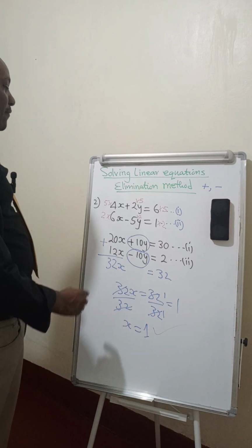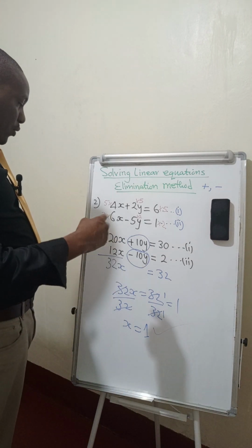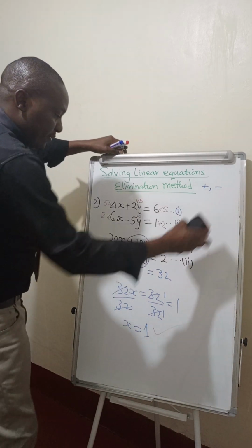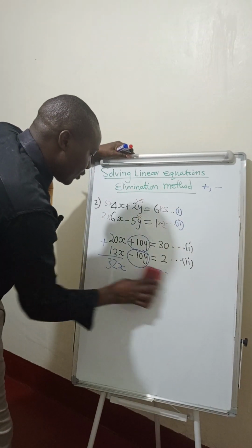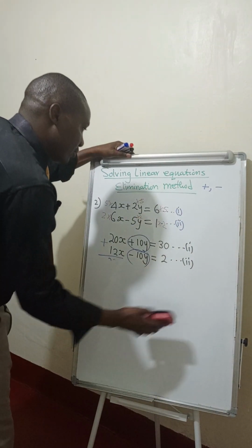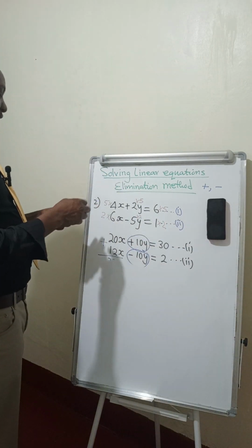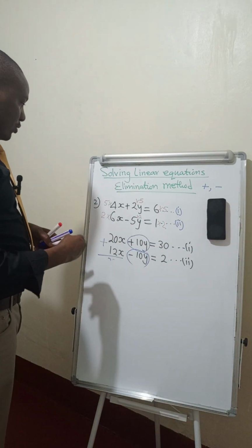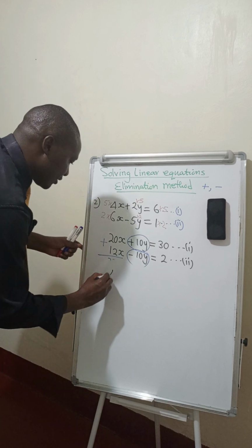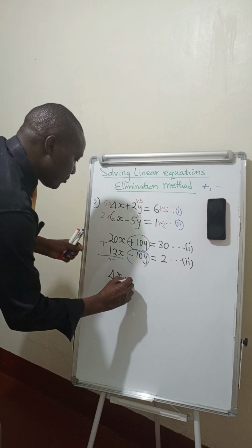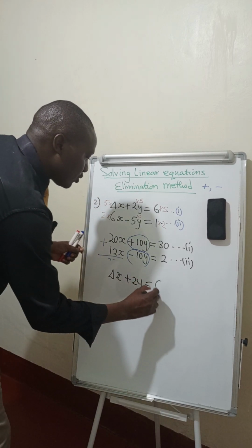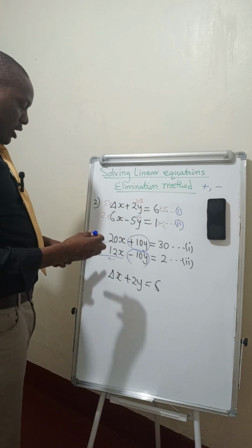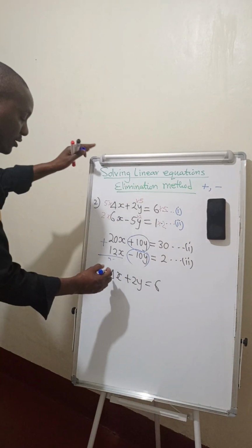Can we get the value of y? Yes, very possible. We just take one equation. We can take the original equation, which is 4x plus 2y is equal to 6. The value of x is 1.